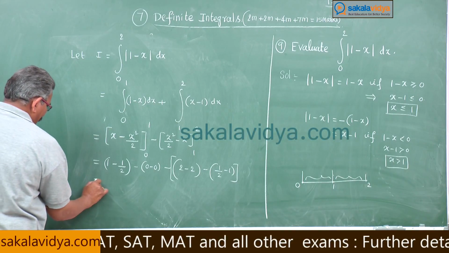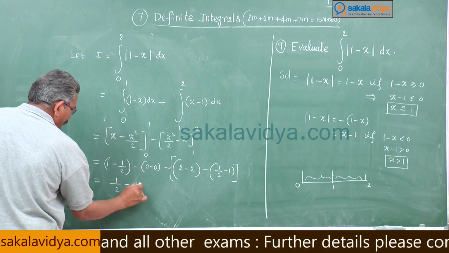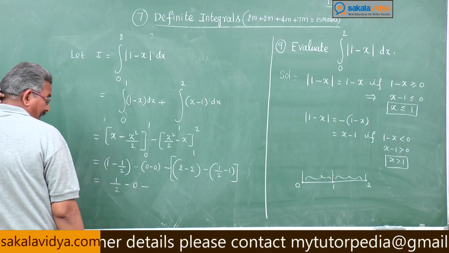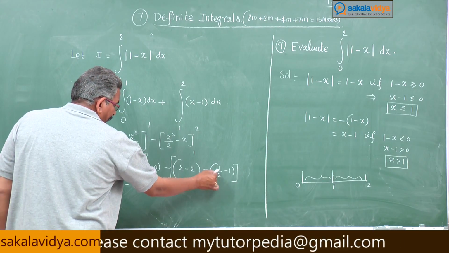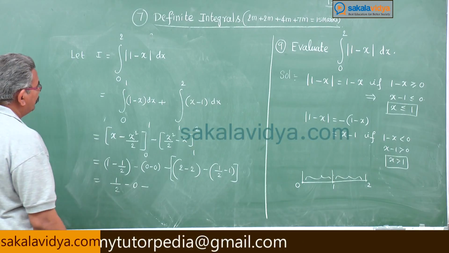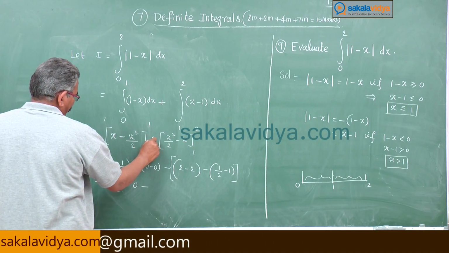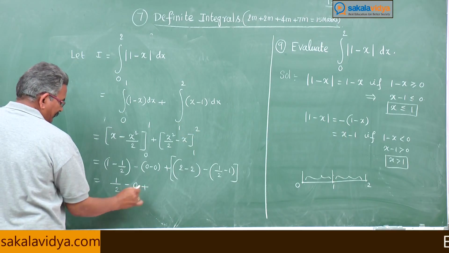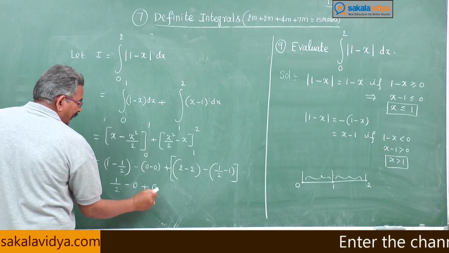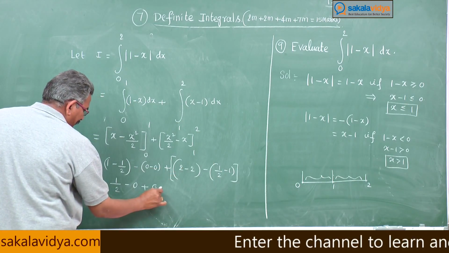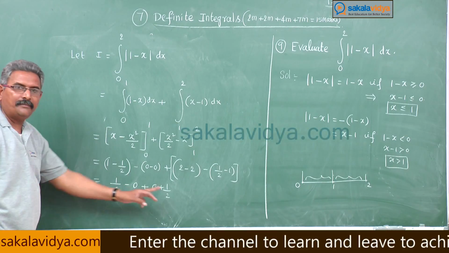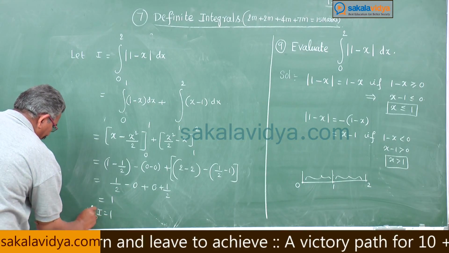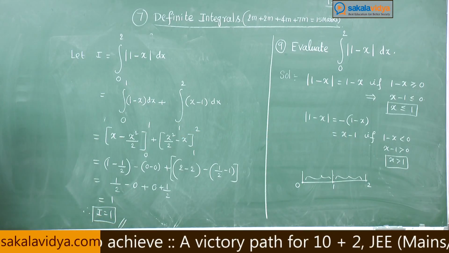This will be 1 by 2 minus 0, plus 0, plus 1 by 2. So, the sum is 1. Therefore, I is equal to 1. That's the answer. Okay.